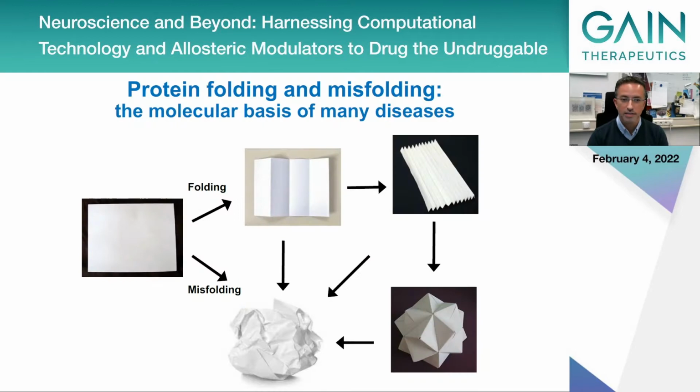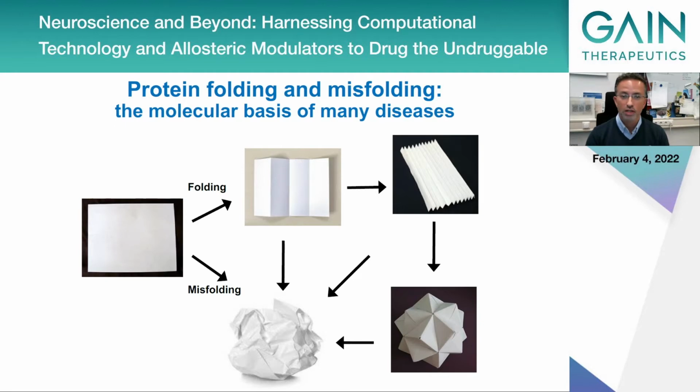So next slide. And I like to think of things in simple terms. So here, this is a simple way to represent the process. So you can start with a protein that has no structure. So here, just a sheet of paper. And then it undergoes a series of steps that may enable it to acquire a folded structure that allows it to perform a function.